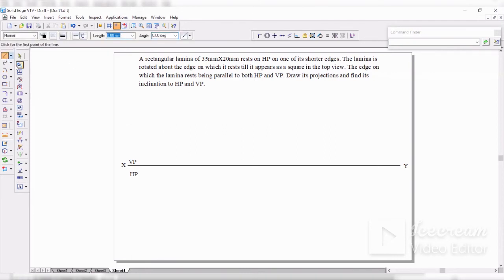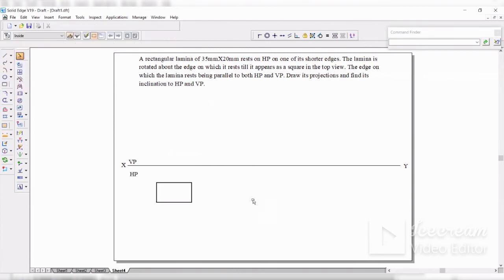Okay. So what I will do is I can take rectangle directly. So this I'll take 20, 35. This I'll give 20. Okay. Angle is 0 itself. So you click here and give enter. So you can see this and you can select this and make it visible. You can check the dimensions here.